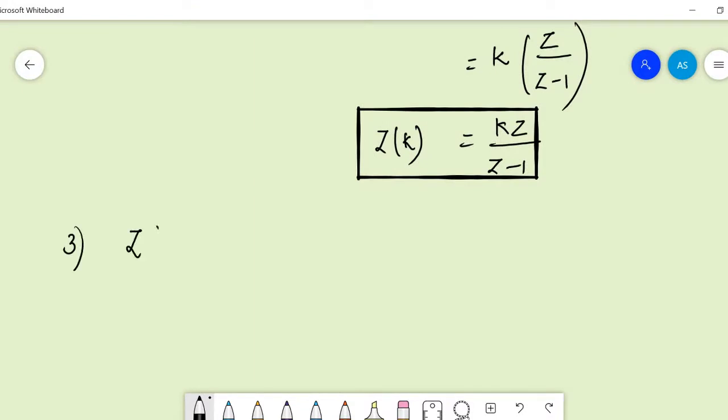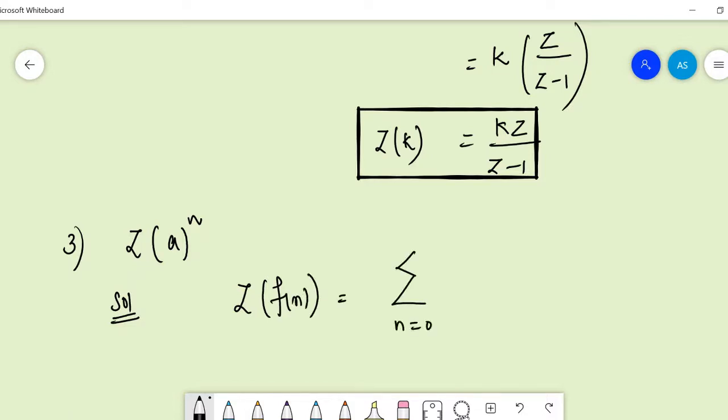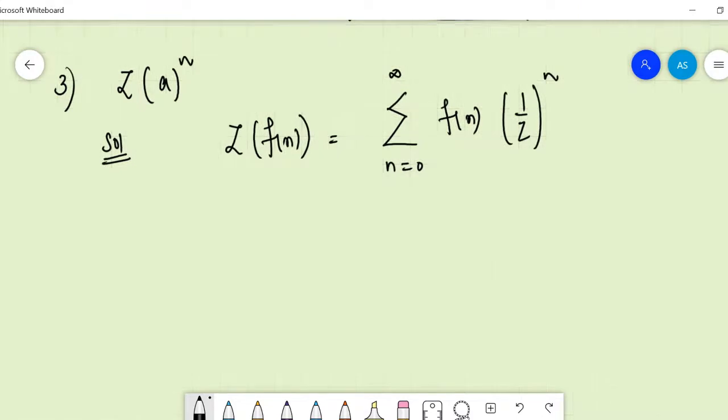Next one, third one, Z of a power n. Before that I am writing again the formula: summation n ranges from 0 to infinity f of n, 1 by z power n. Summation of n equals 0 to infinity, a power n, 1 by z power n.